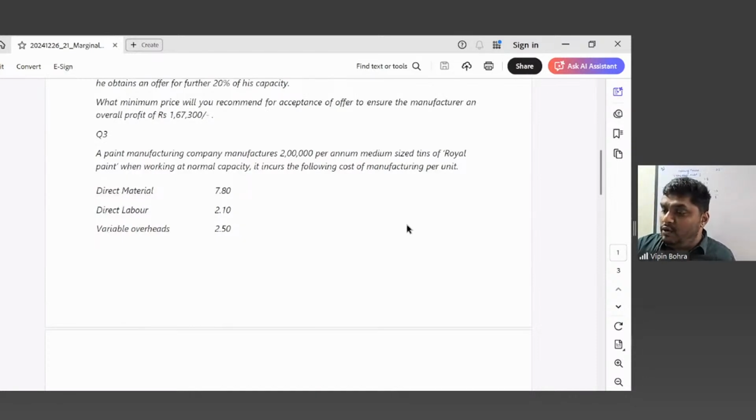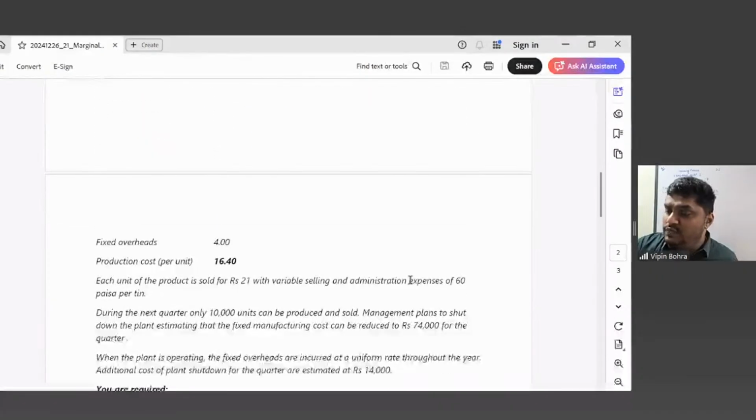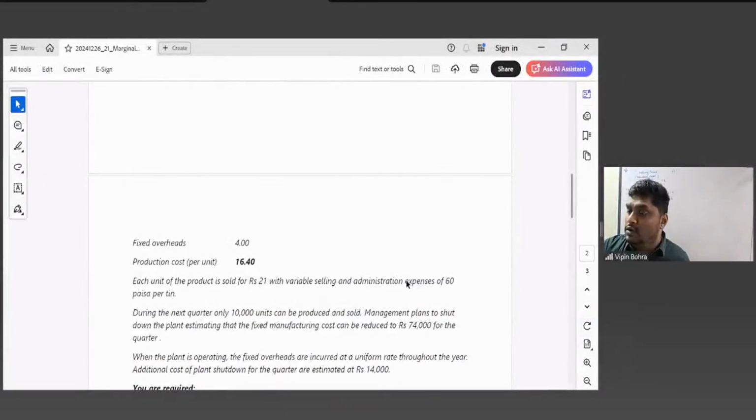Total 2 lakh units we are manufacturing throughout the year, and the fixed overhead is rupees 4 per unit. So what will be the fixed cost for the quarter? I'm talking about the fixed cost for the quarter.